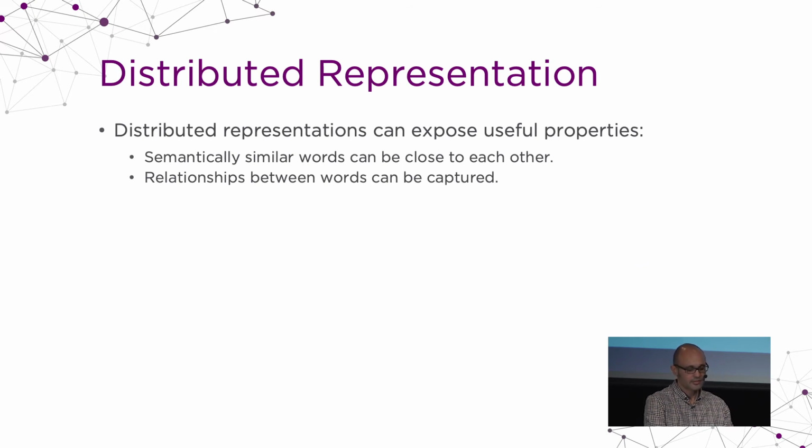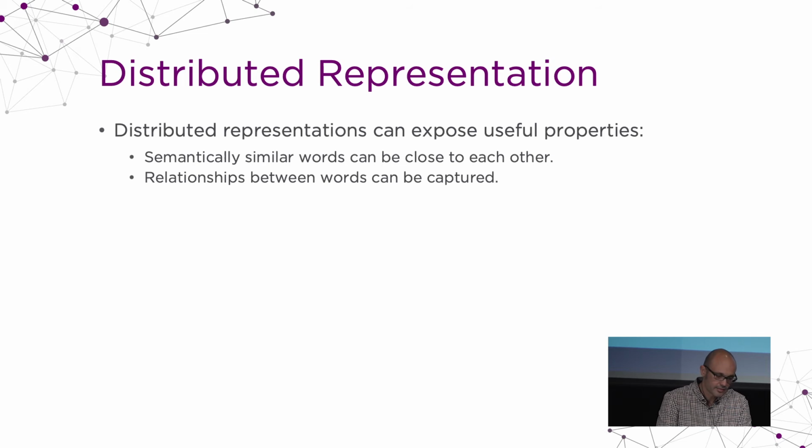So the interesting thing is that for now we know what distributed representations are, but I'm not telling you how to create them, so how to come up with the values in the vectors that I showed before, and we will see that later. For now, let's look at how we would like this distributed representation to be. In particular, we would like to have two interesting properties.